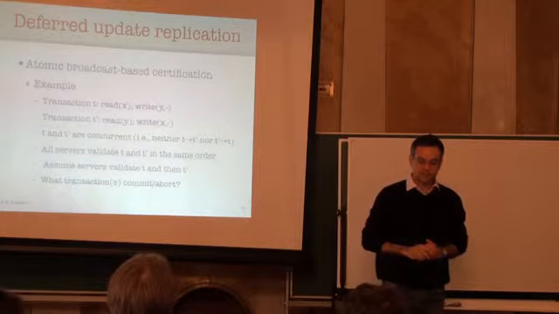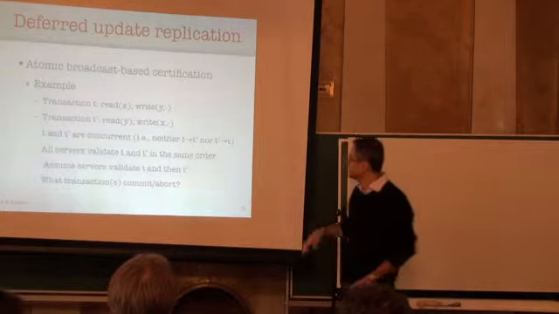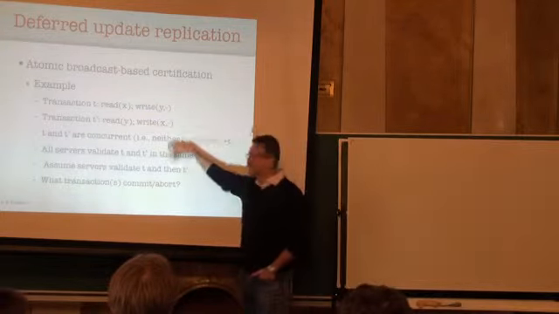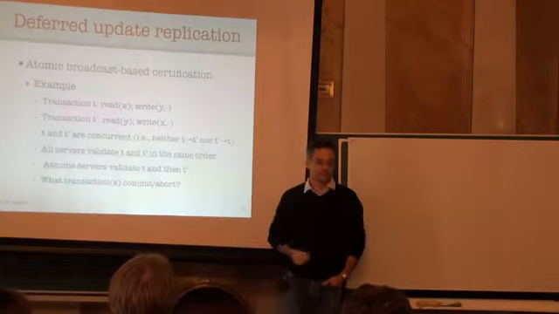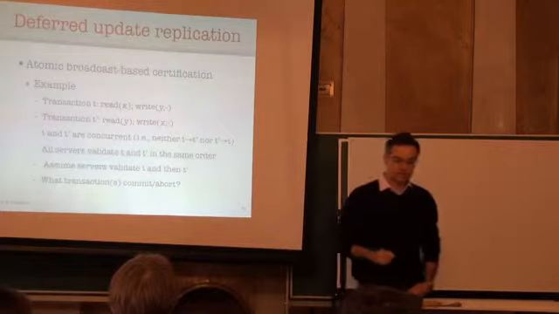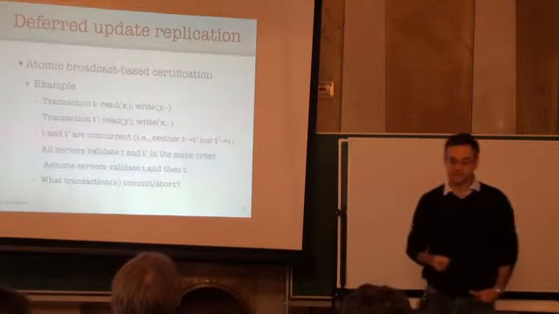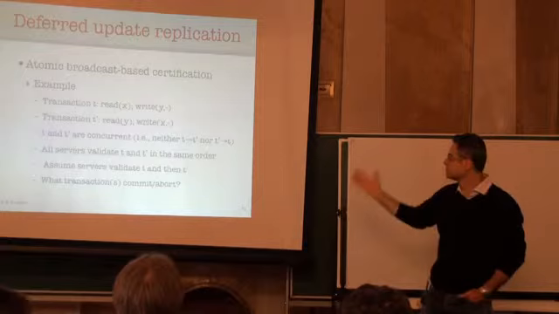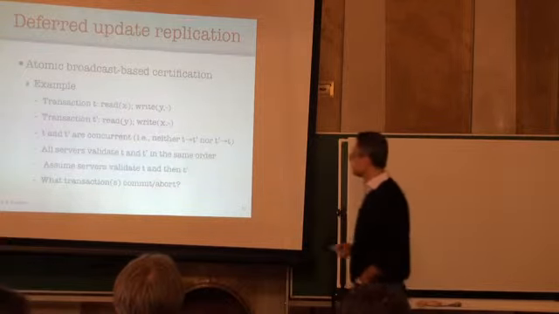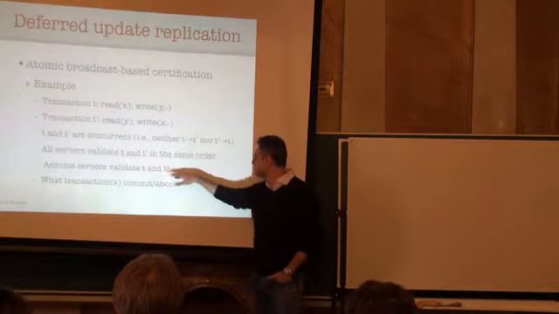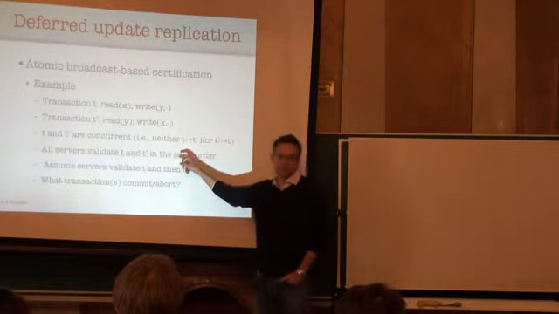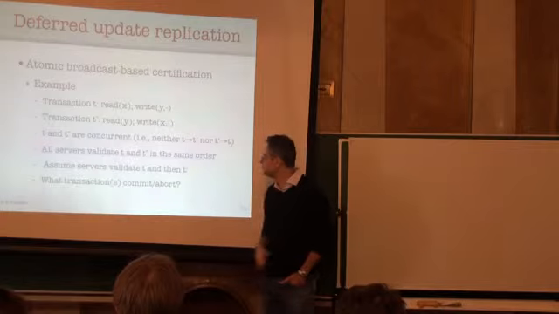So what's going to happen is these two transactions are going to be broadcast to all servers, and they're going to be delivered in the same order. So all servers are going to certify, or also said validate, the transactions T and T prime in the same order. Now let's assume that servers validate T before T prime. I could also do the other way around, but as an example, let's assume T before T prime.